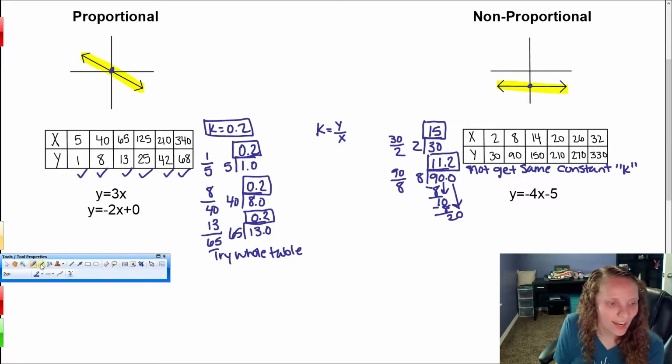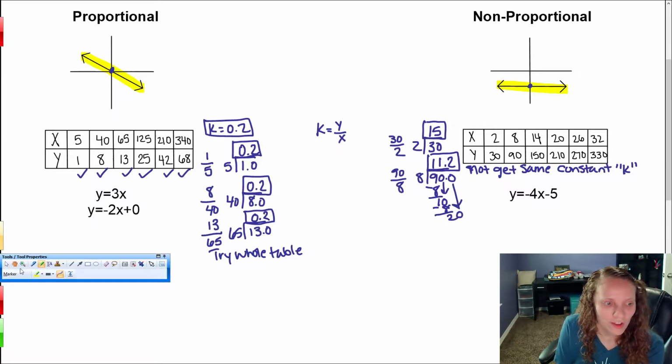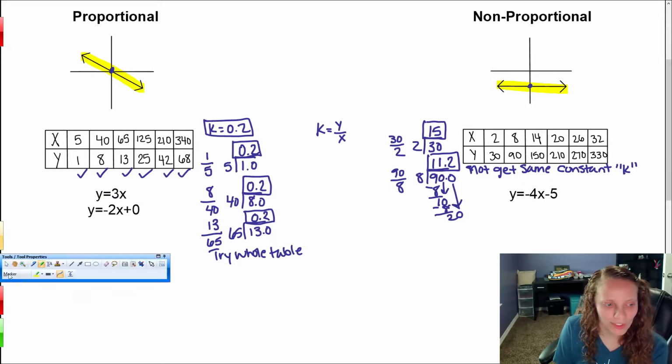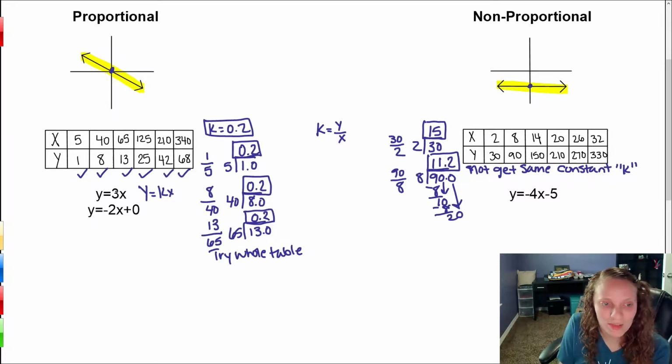Okay, let's look at the equations. Both of these are proportional. I know that these are proportional because y equals 3x is in the format of y equals kx, and that means that we have a y-intercept of 0.